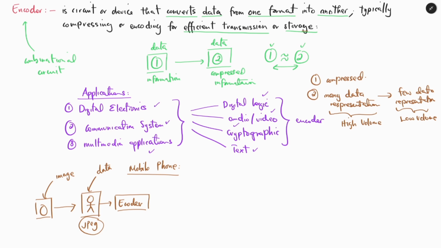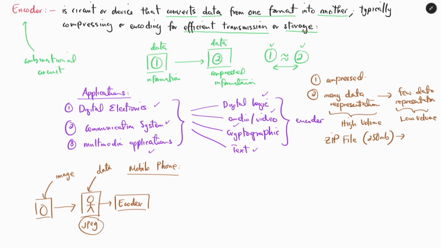For example, if we are using an application that normally converts data from huge volume to low volume, such as a zip file, this zip file can have, for example, 250 MB.